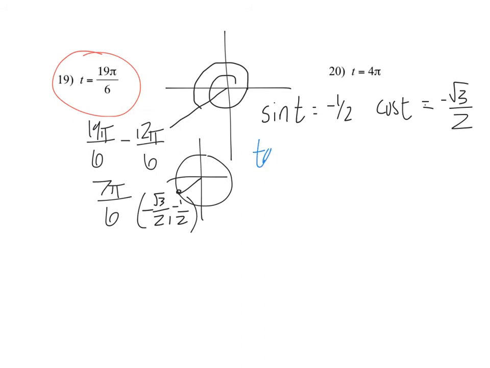Tangent of t is going to be sine over cosine, so that's going to be negative 1/2 over negative square root of 3 over 2. If I reduce that, always leave the numerator the same. Reciprocate the denominator. Except I forgot to actually reciprocate it, so I'm going to erase that.